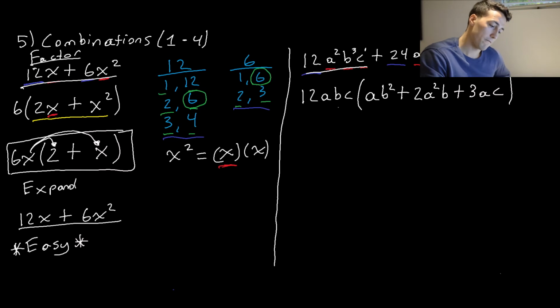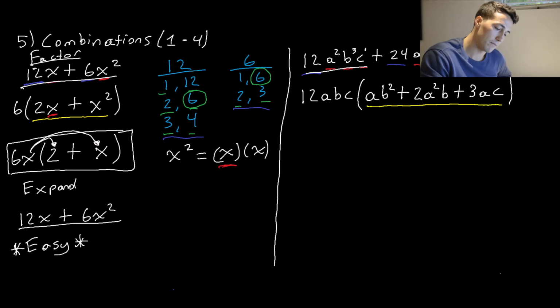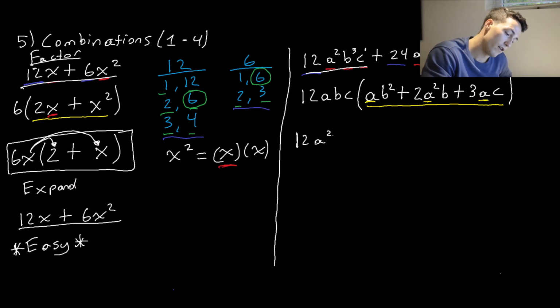So that was a great first step, and it looks a lot better now. But we can still see that inside the bracket, we do have a common term still. We have this a term here. So we can actually factor out another a, which is going to give us on the outside of the bracket 12a squared bc.